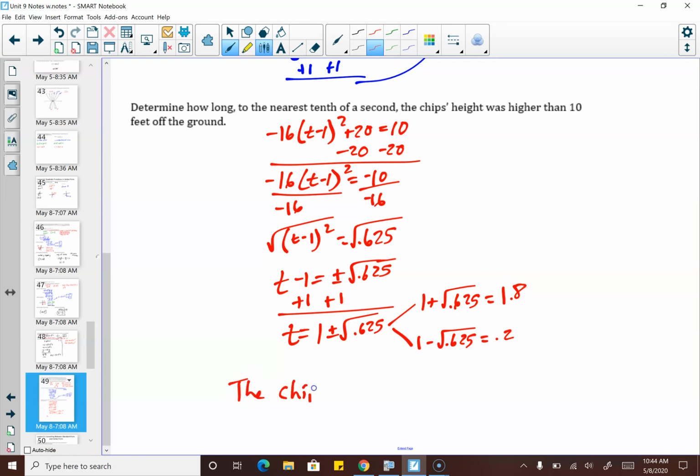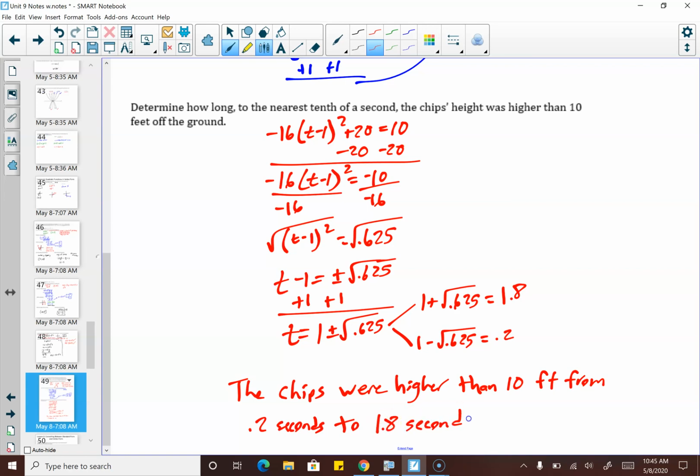The chips were higher than 10 feet from 0.2 seconds to 1.8 seconds.